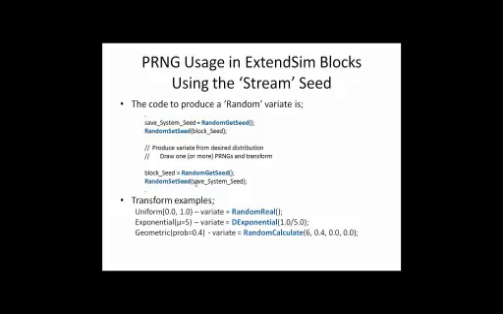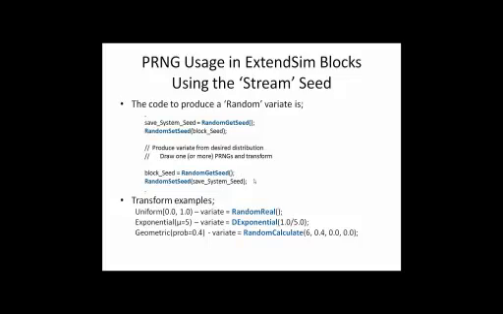When we save that, we'll then reset the system stream seed to the value that we saved. So this particular mechanism makes us transparent to the system in the sense that we don't disturb the system seed.